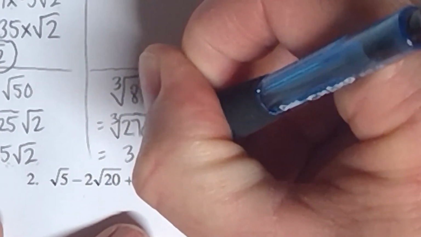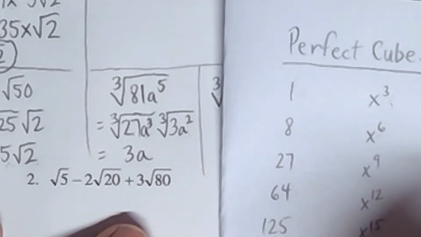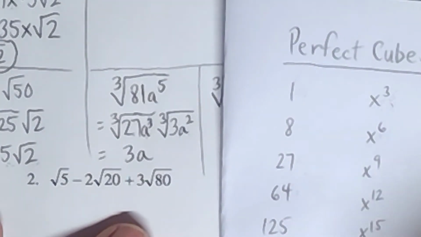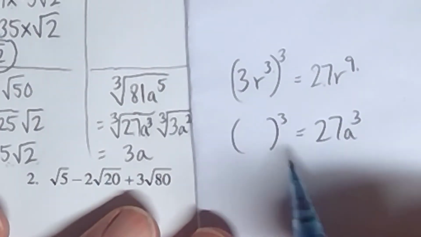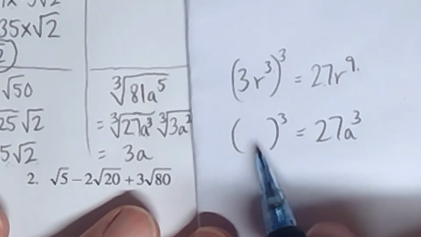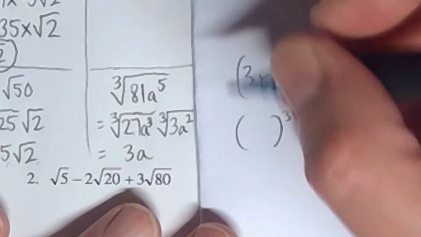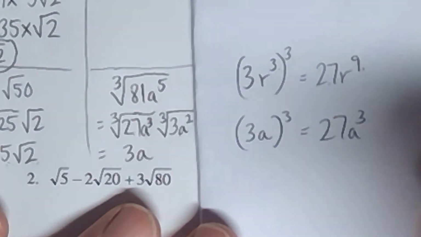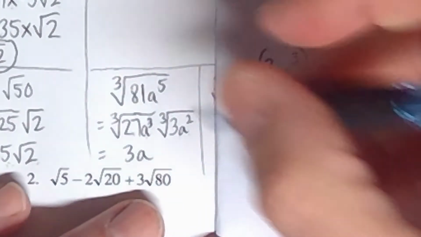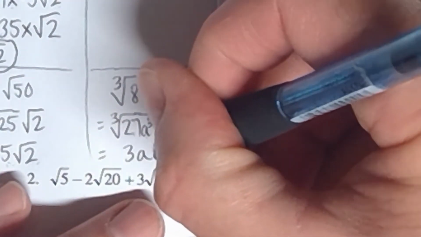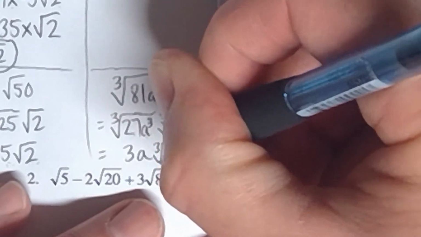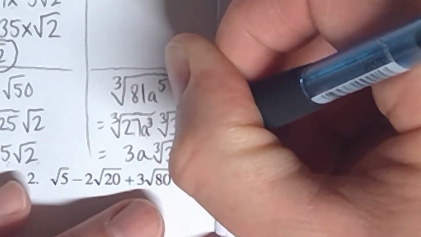You have to cube 3a. In other words, what goes in there to equal 27a to the third? It would be 3a. And that's why 3a is equal to that radical. So we have 3a times the cube root of 3a squared.